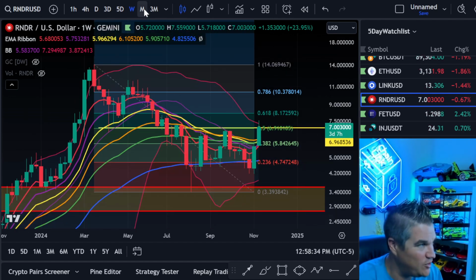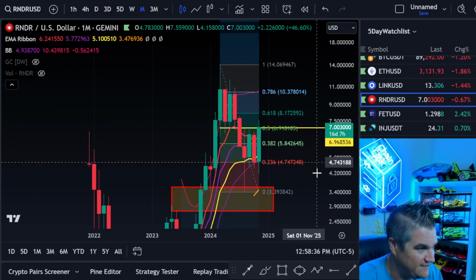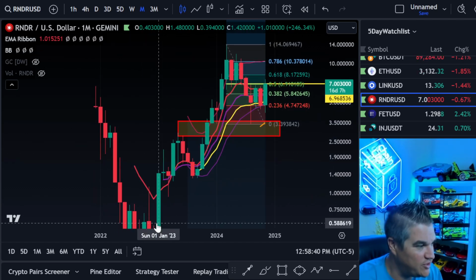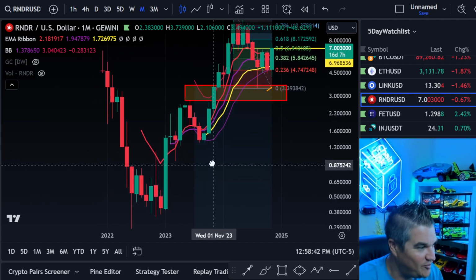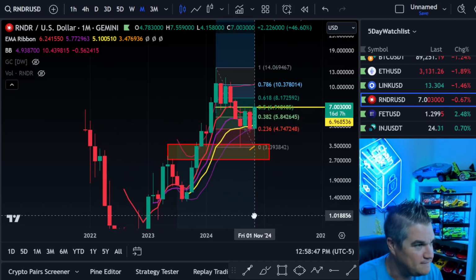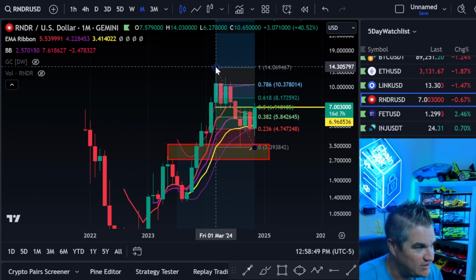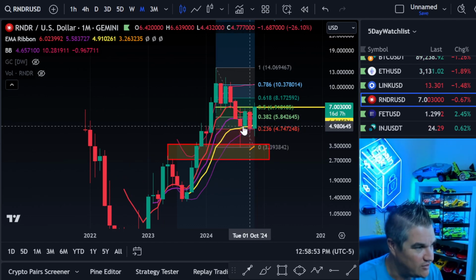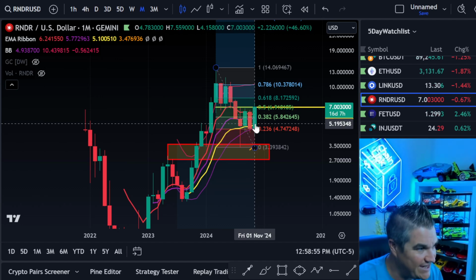Not only that, but if we go out to the monthly, now you can start to get a clearer picture. Right? Look at this move from the start of the bull run. Render's paltry price of 40 cents to a $14 top. Move back to the 21-month EMA in the yellow here. Support for 4 consecutive months.